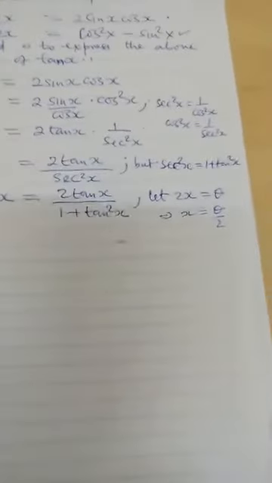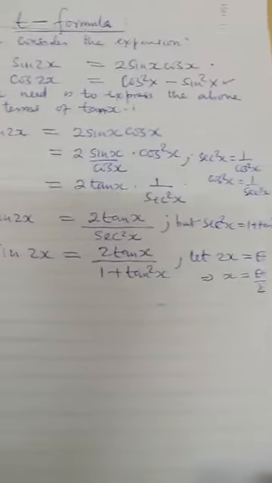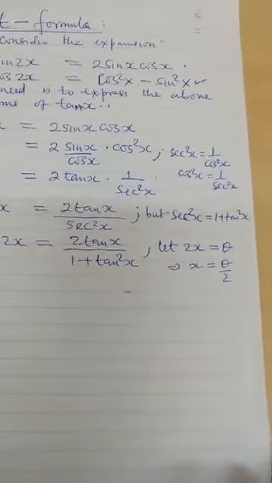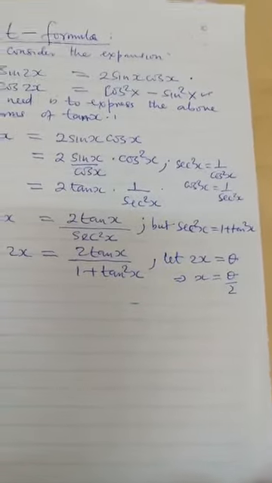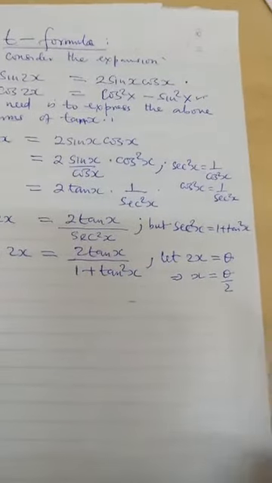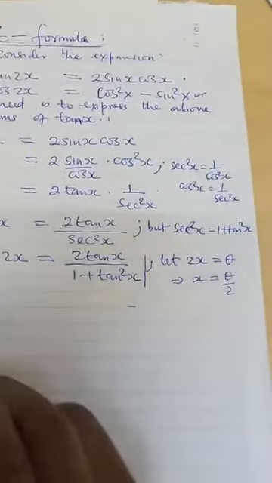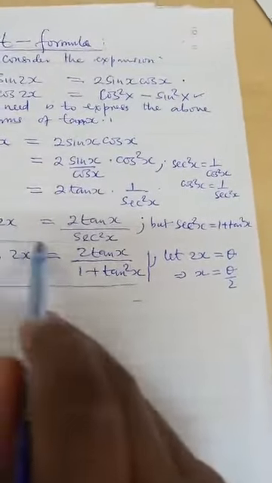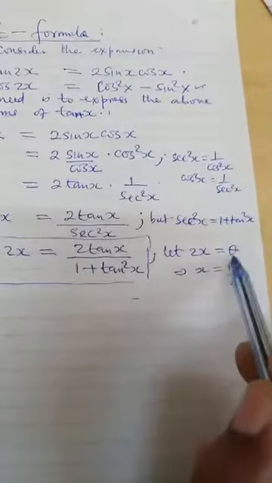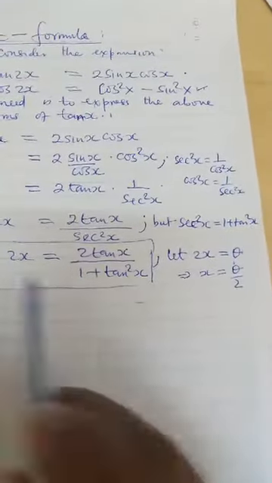Good. So we want to wind up with the operation of this first part, and then look at how we can use it on other parts to come up with a T formula. At this stage, we let, like I have just written here, 2x be theta.